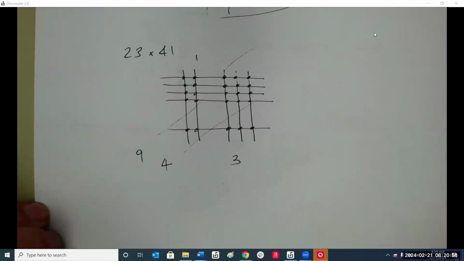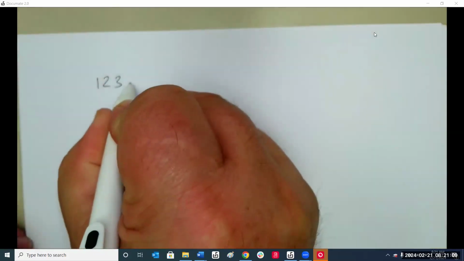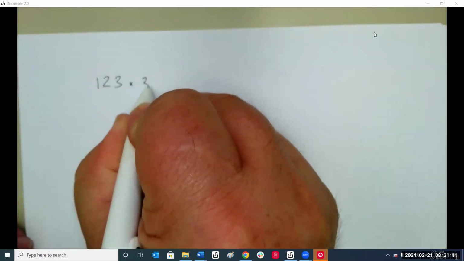It also works for bigger numbers. Let's look at 123 times 34.